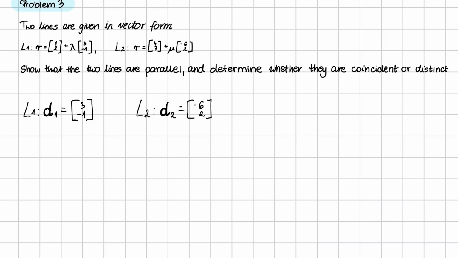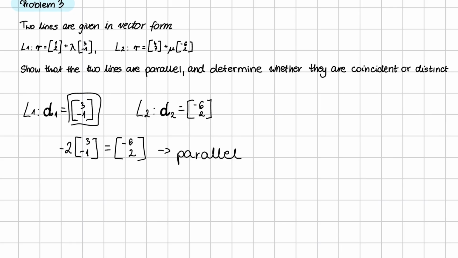We can observe that our direction vector D1 from L1, when multiplied by -2, is the same as the direction vector from the second line, because negative 2 times 3 is negative 6, and negative 2 times negative 1 is 2. So they are parallel, and now we have to check whether they are coincident or distinct.